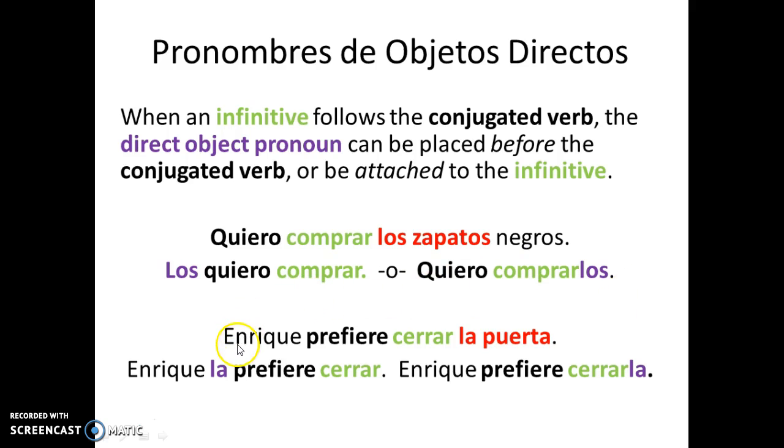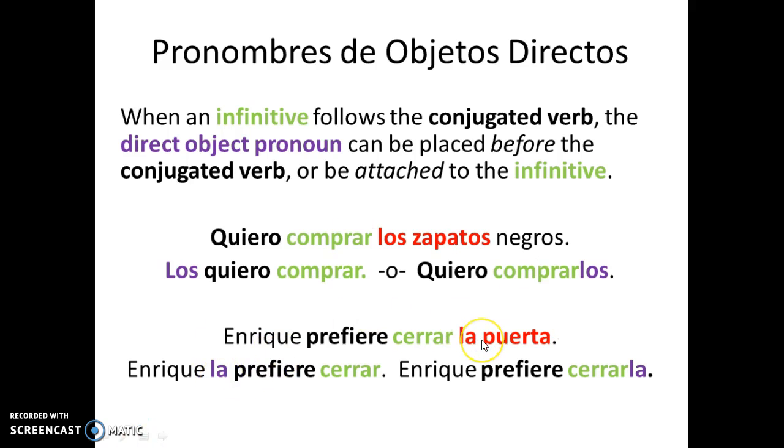Look and see again. Enrique prefiere cerrar la puerta. Enrique prefers to close the door. ¿Qué prefiere cerrar? Prefiere cerrar la puerta. La puerta es el objeto directo. Si quiero usar un pronombre para el objeto directo, voy a usar el pronombre la.